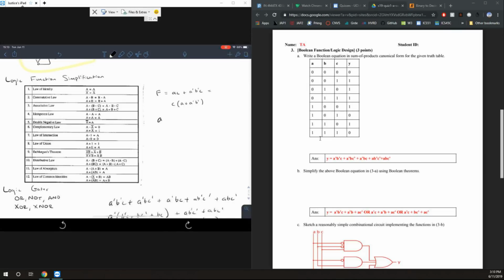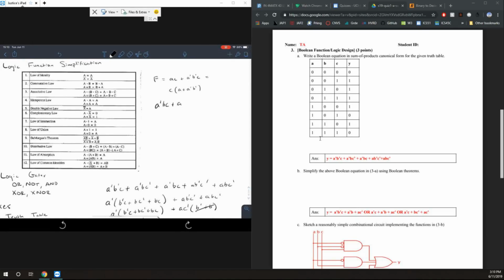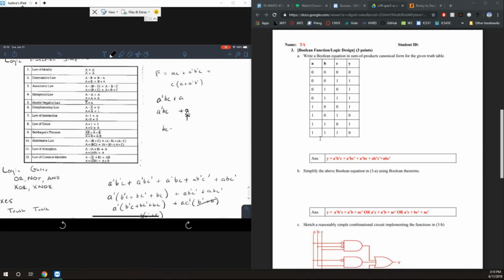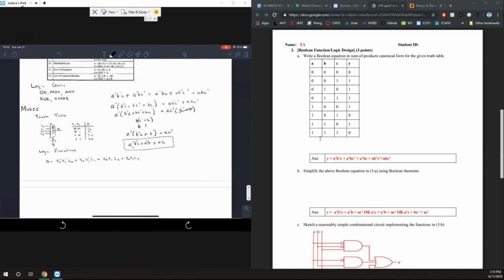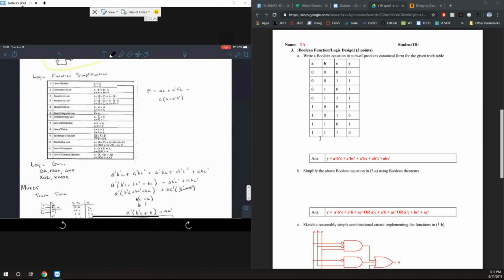So if A is true, then the equation is solved, and if it's not true, then you need B and C. So it's just B C plus A. Does that make sense? Okay, cool. It's really about thinking it through, which sucks because everything else is kind of memorization.